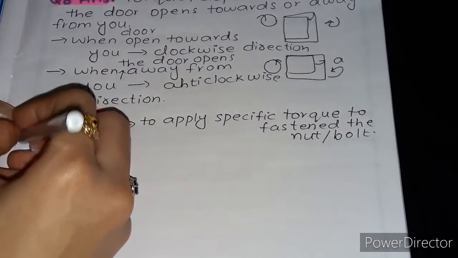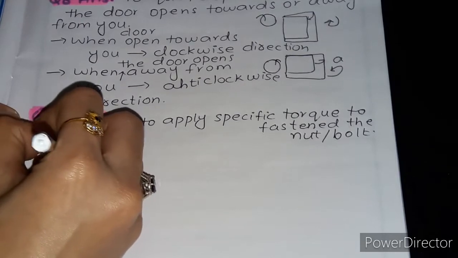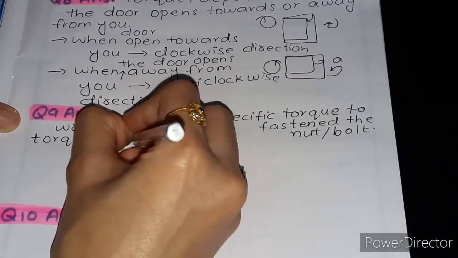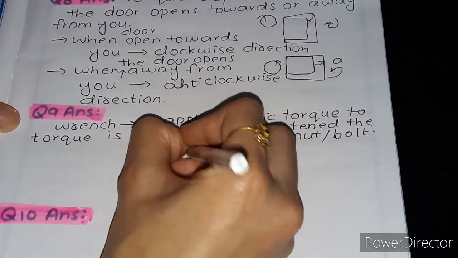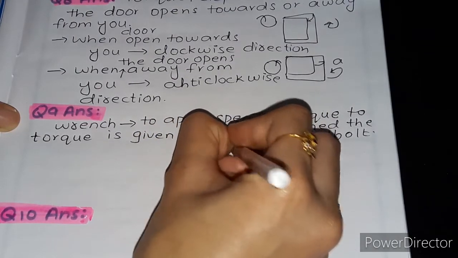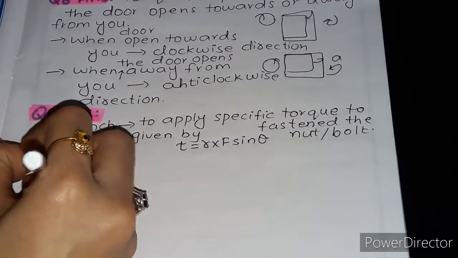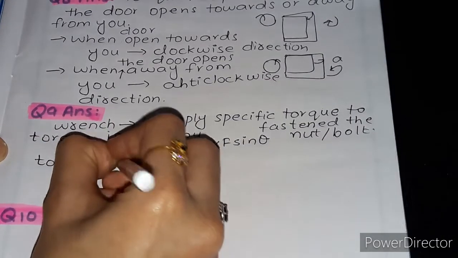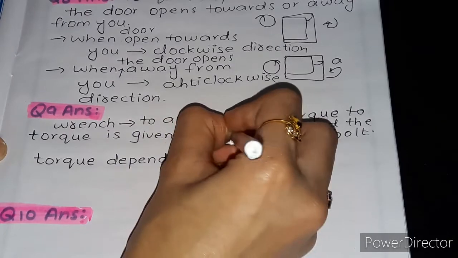Okay, now torque is given by the cross product of position vector and force. Torque depends upon moment arm. They are vector quantities.